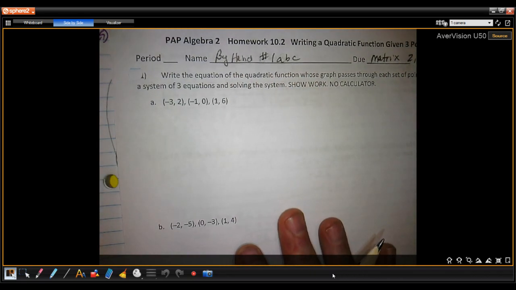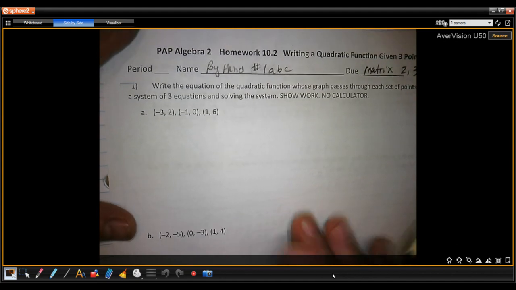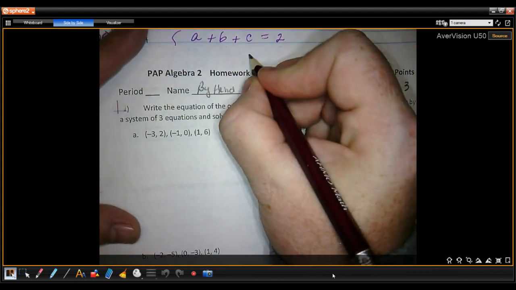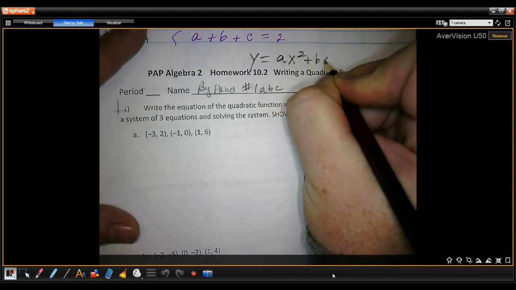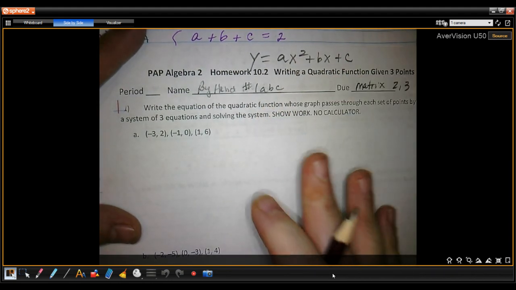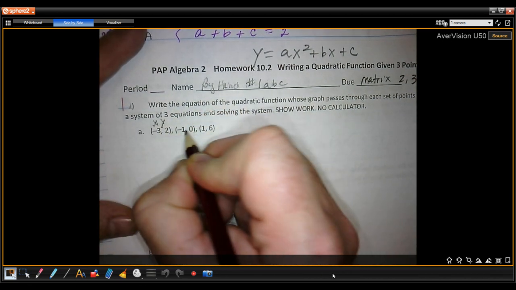So I'll get you started at number 1. Let's practice one more time because that was kind of quick. Remember, the foundation is at the top of the page. I would write y equals ax squared plus bx plus c. Remember, this is x, y, x, y, x, y.